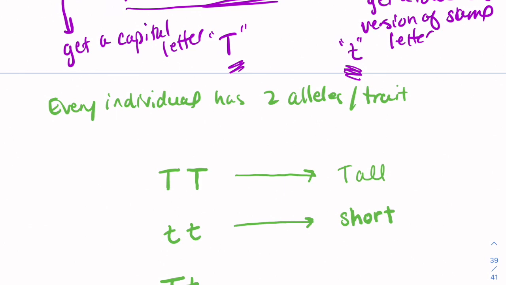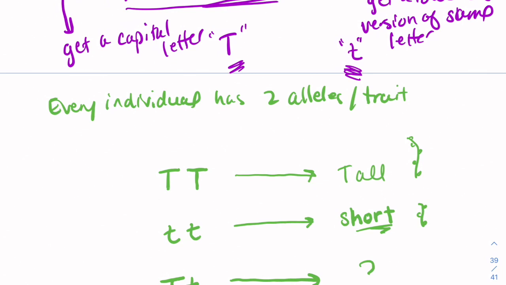Somebody out there, I can feel it, said that was a short plant. Two lowercase t's, two recessive alleles, you get a short pea plant. Oh, let's even draw one. Let's draw a little short plant. And here, I'll draw a tall one here. There we go. But what about this one down here? What's this plant going to look like? It's got one dominant allele that says the plant's going to be tall, and it's got one recessive allele that says the plant's going to be short.